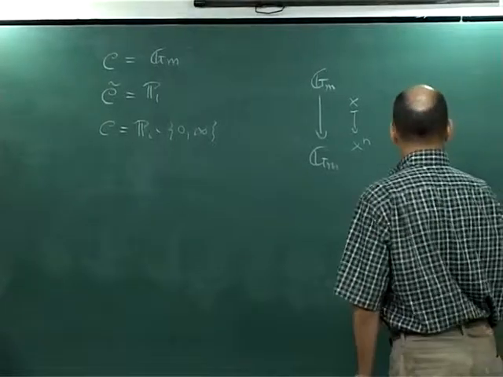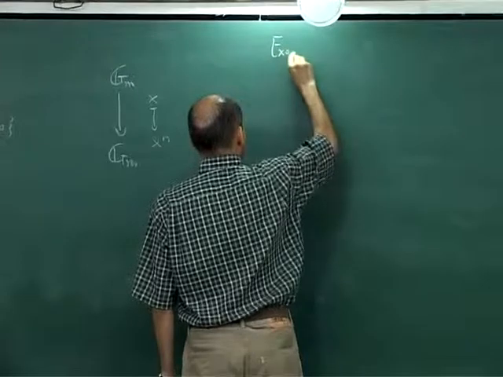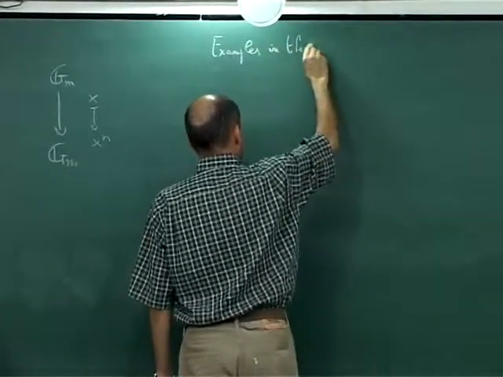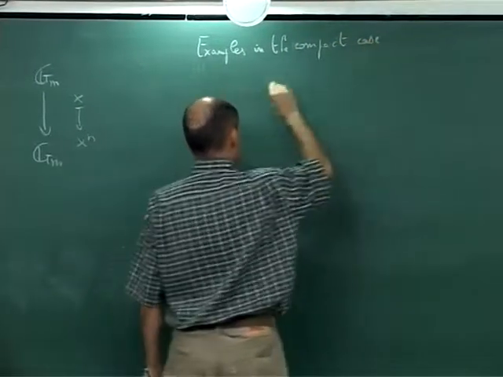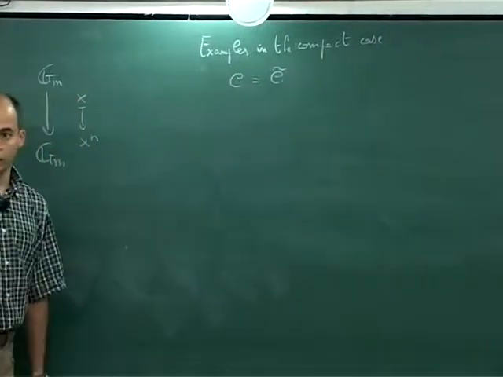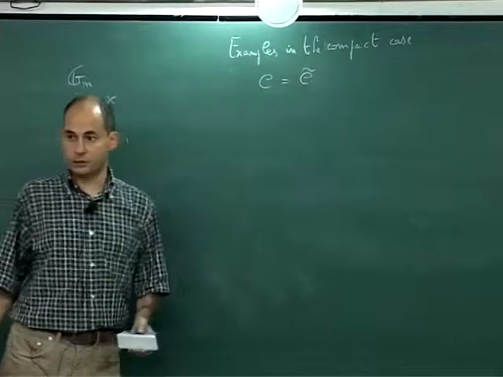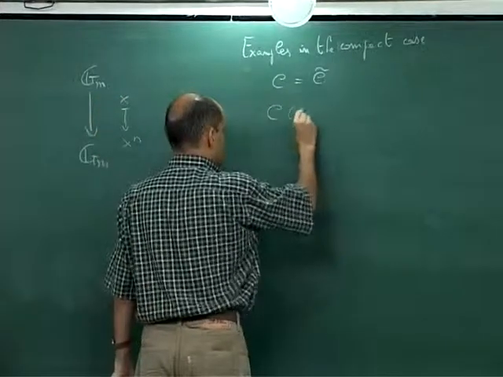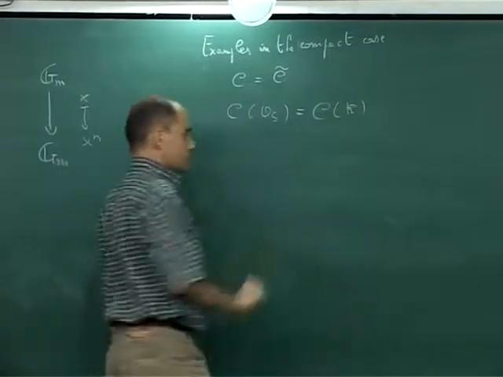So consider examples in the compact case. So C equals C tilde, C itself is compact, and in this case I recall that integral points are just rational points.